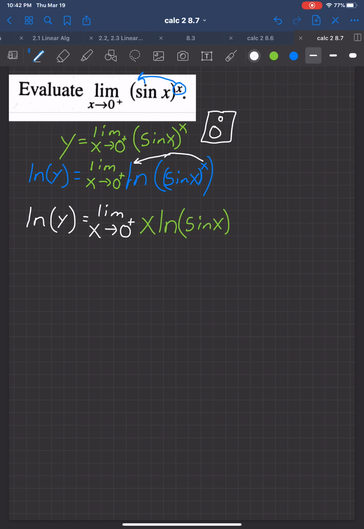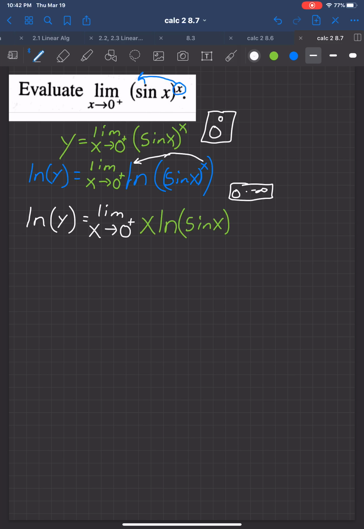Right now, you would end up with something like 0 times infinity, or actually negative infinity, which is again an indeterminate form, but not the form that we want. We want 0 over 0 or infinity over infinity. So we need to think about how we can rewrite this. The game is you want a quotient.